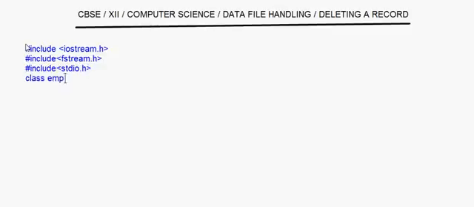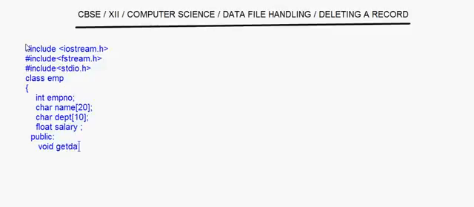Now I'm taking the class employee: int emp_number, char name[20], char department[10], float salary, right? And then we have two methods in the public declaration.